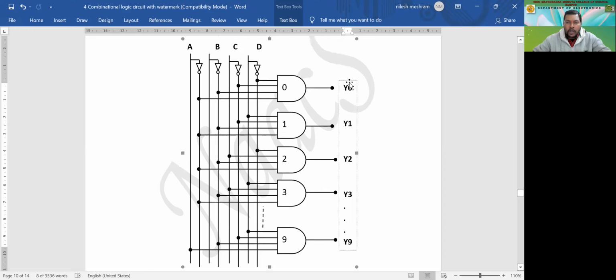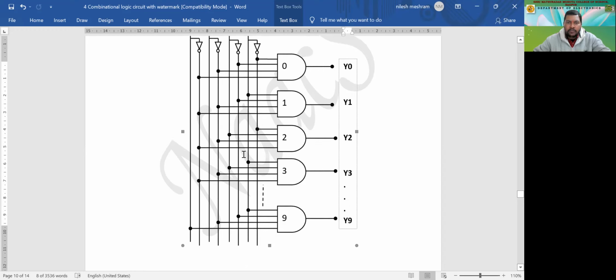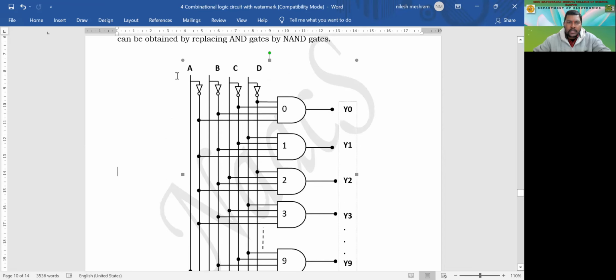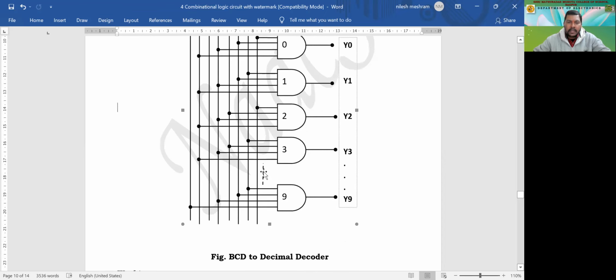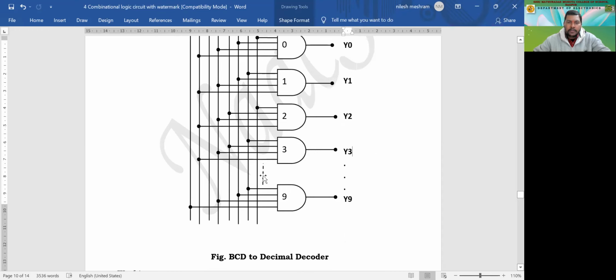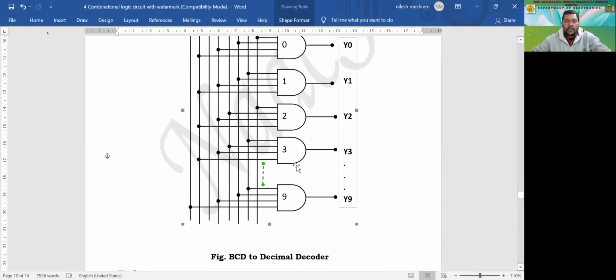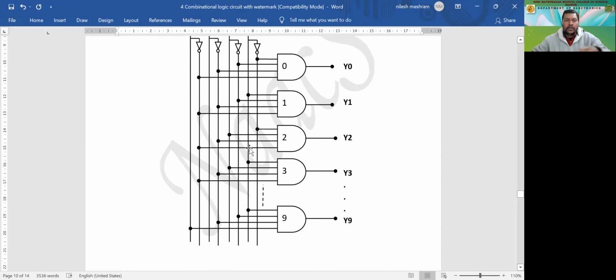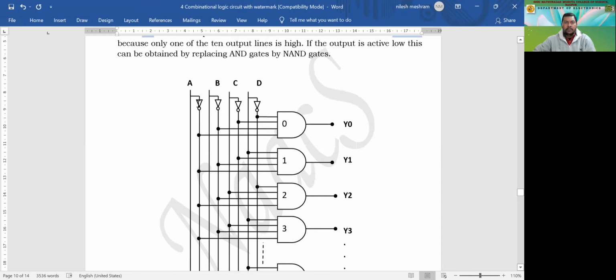Also, the outputs are y0, y1, y2, y3, dot, dot, dot, up to y9. So we will have 10 AND gates. And as per these codes, A, B, C, D, one of the gates is supposed to be enabled, right? So this is how it is being made.